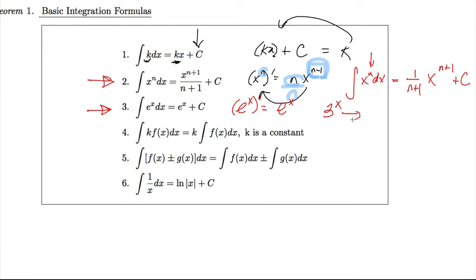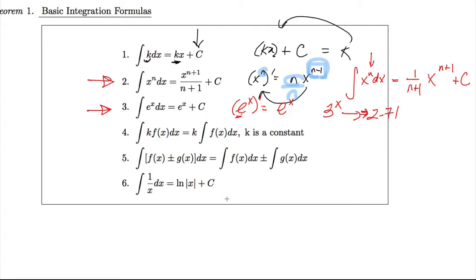So e is a special number. I think it's called Euler's constant, and it's around 2.71, and it has special applications in science. Just like we name pi and don't call it 3.14159, we just call it pi. So e is one of those special constants.